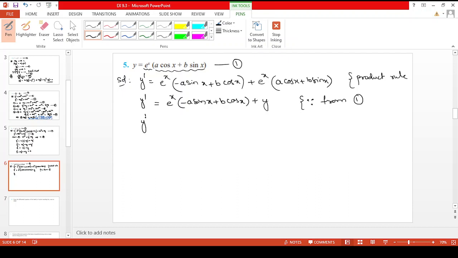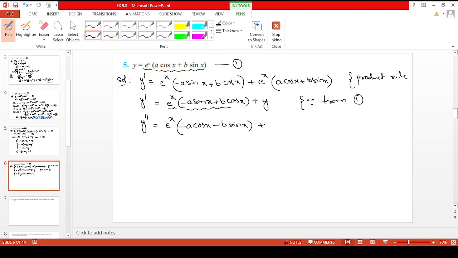Next again differentiation, y double dash equal to the same again, this one is u and this one is v. So e power x into the differentiation of this one, which is minus a sin x plus b cos x, plus b into cos x differentiation is minus sin x, so minus b sin x.